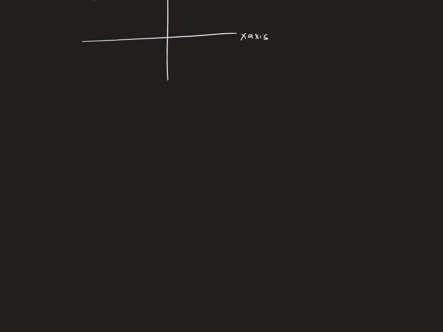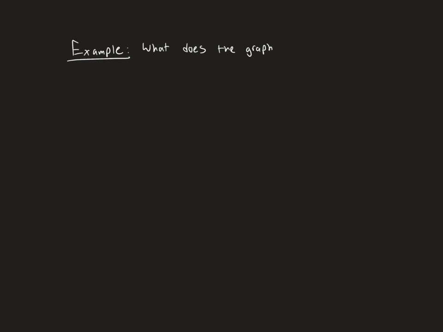Let's do one more. This one's a little bit different. We're going to try to figure out what the graph of theta equals pi over 4 looks like.